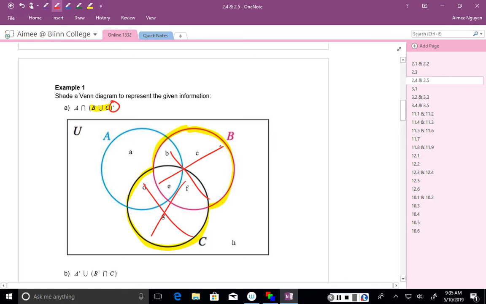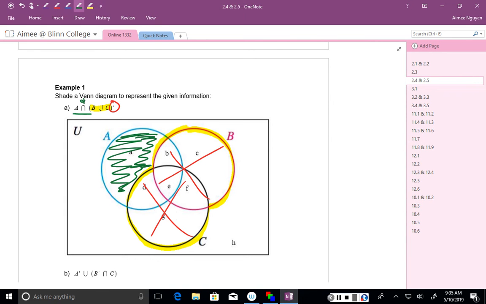And then I want it intersecting inside of A. So I want it not in B or C, but inside of A, which would leave me this region right here, so the little A, right? So that's one way you can do it. And some of them are simple enough that you can do this pretty easily, right? But let's show you the other way that we can do this.